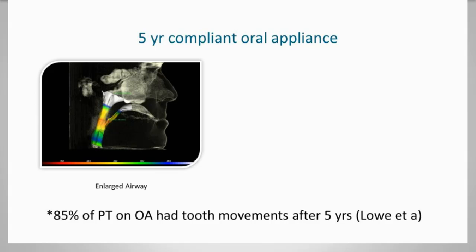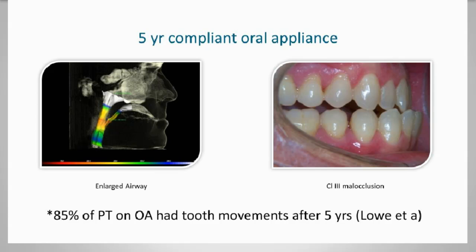You can see these colors. Anything above the middle to the right is good. But not only does he have an amazing airway, he also has an amazing malocclusion. This is a patient who started with a class 1 bite and now has a full class 3 underbite, and came to see me because he was experiencing TMJ problems and changes in his bite, so basically a malocclusion.